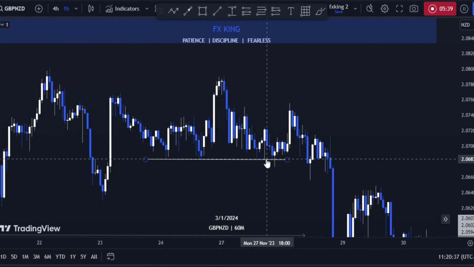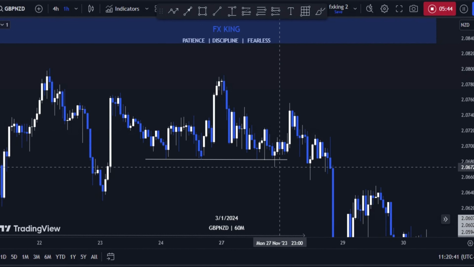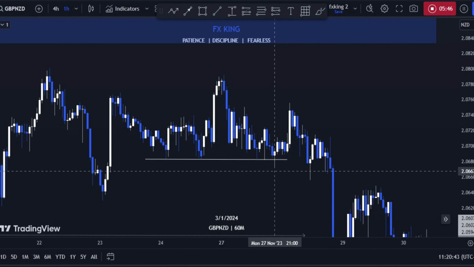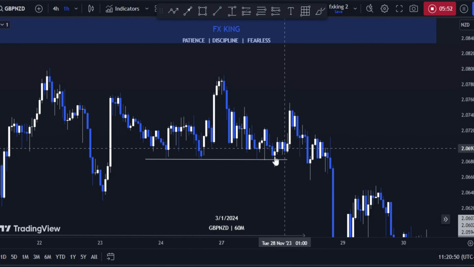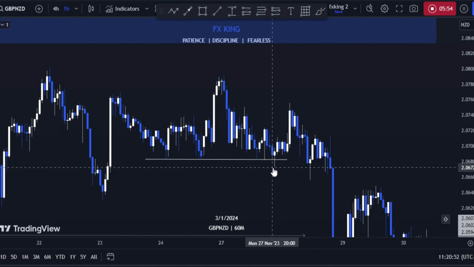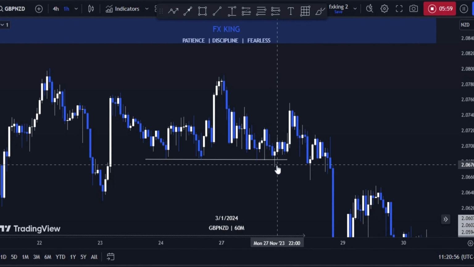So now what you see here is there's this aggressive candle that just comes below this zone, wicks below this zone, and finally prices rally up here. So now this is known as a liquidity grab. Why is this liquidity grab necessary here?